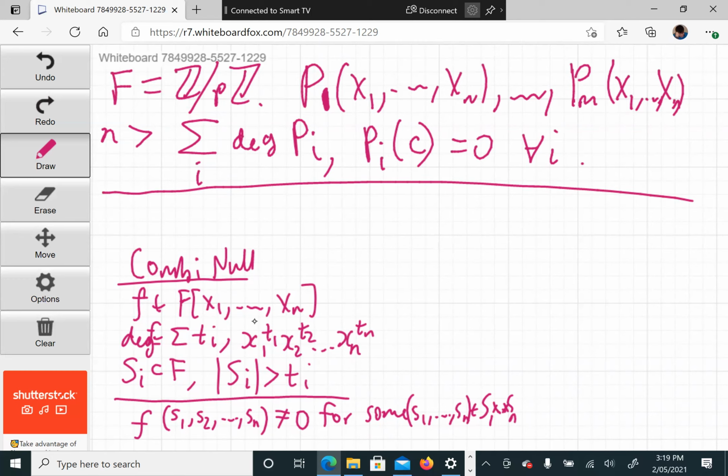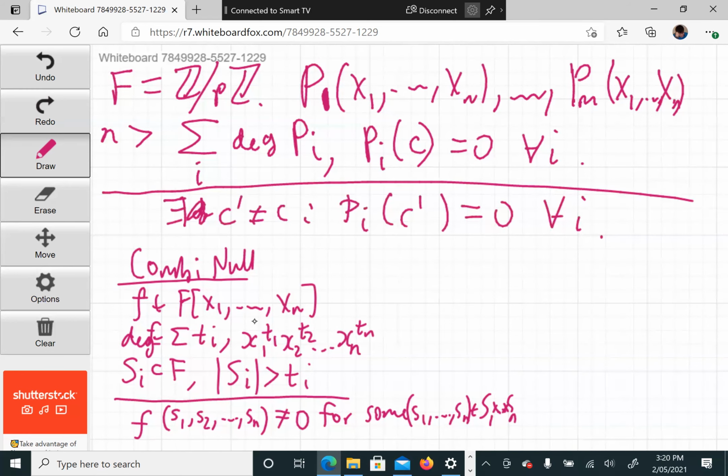There exists a c prime not equal to c, such that p_i of c prime is equal to 0 for all i. So if there's a common zero, there's another common zero. Maybe I'll read a little bit of the history of this problem while you're thinking about what this means.